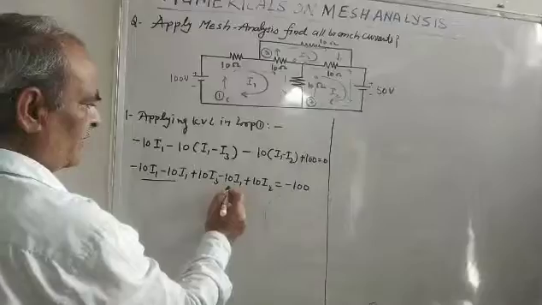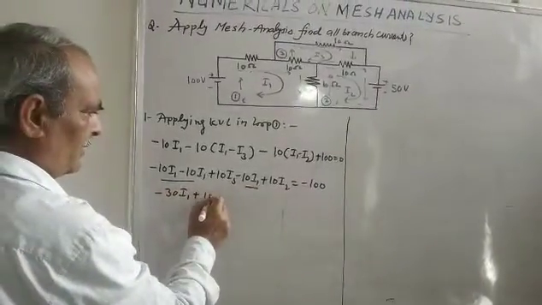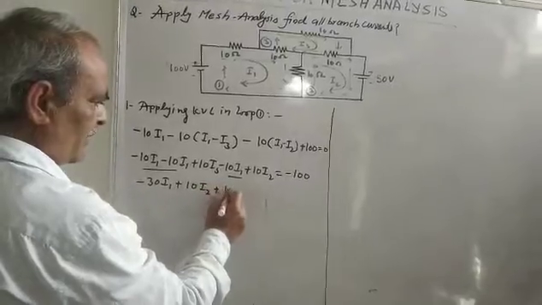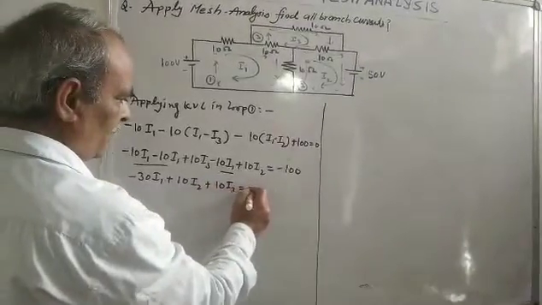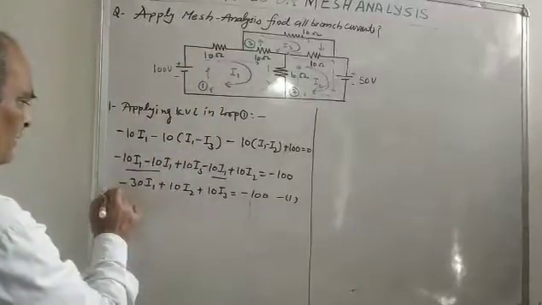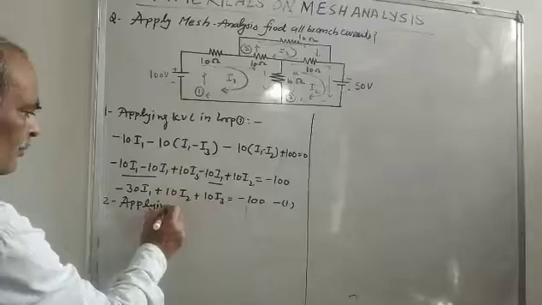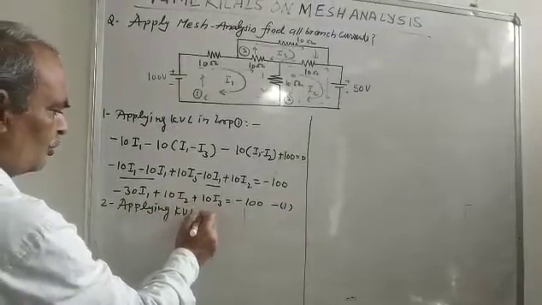That gives minus 30 I1 plus 10 I2 plus 10 I3 is equal to minus 100. Equation number 1.